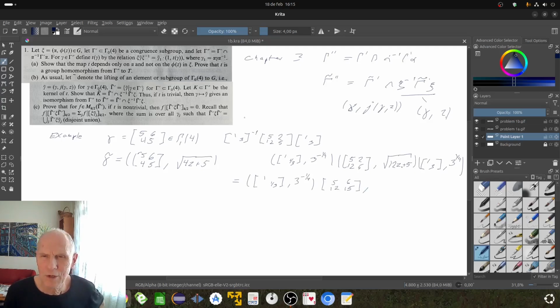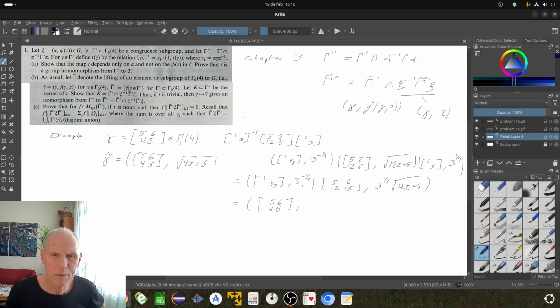And we must operate on this, on z with this matrix, and then multiply by the 4th root of 3, and multiplying together 5, 6, 4, and 5.